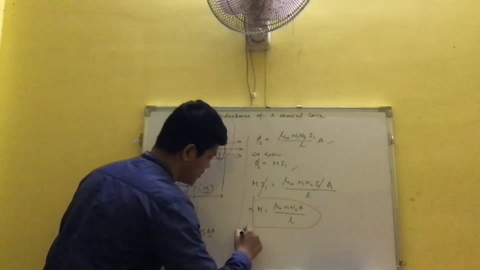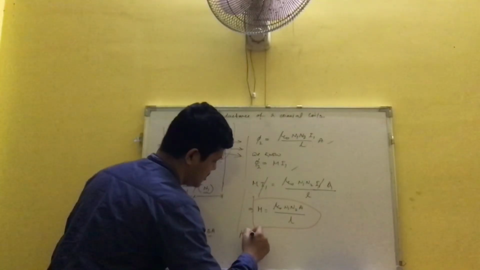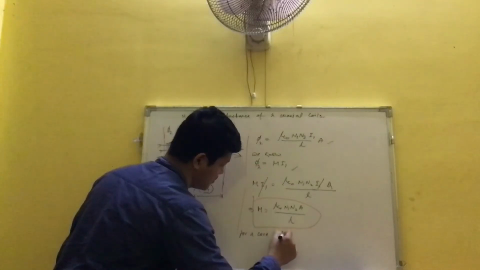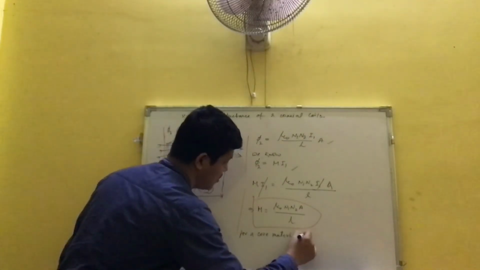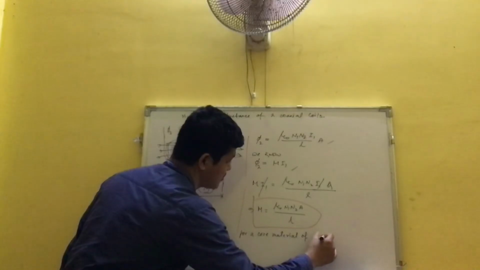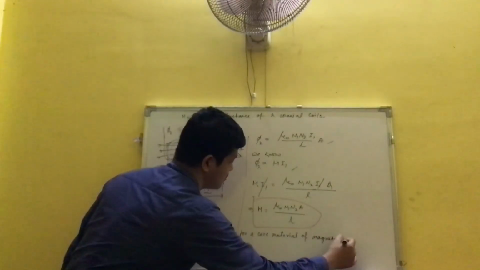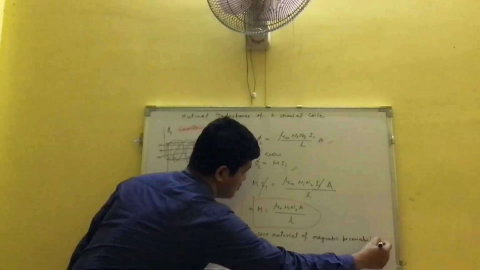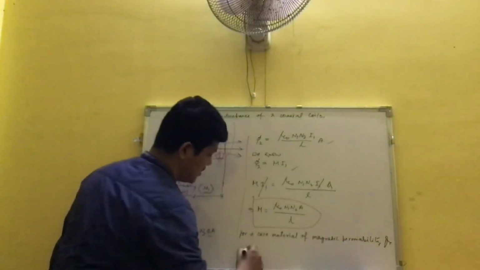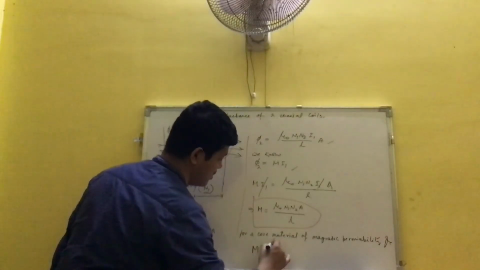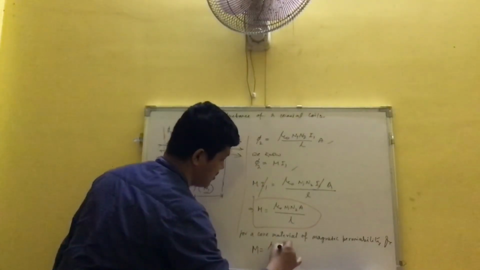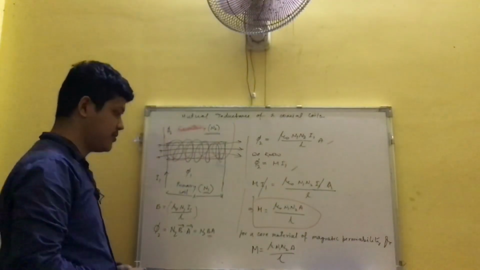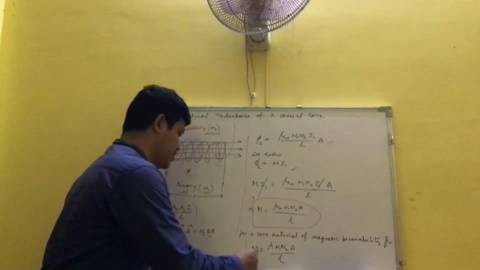For a core material of magnetic permeability mu, M is given by mu n1 n2 A by L. So this is the result. Hope you have understood this.